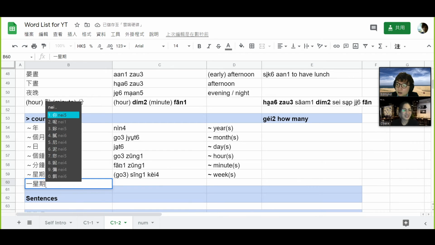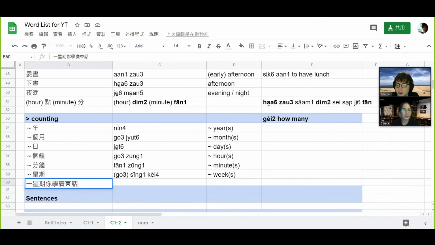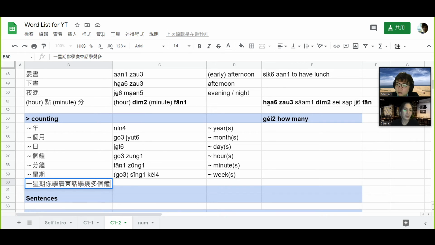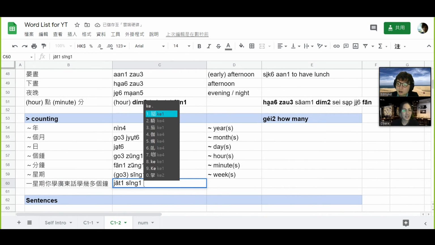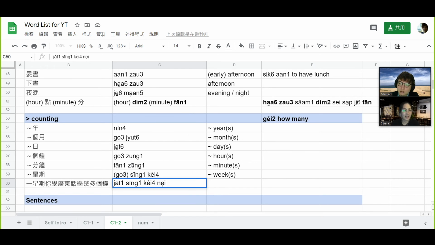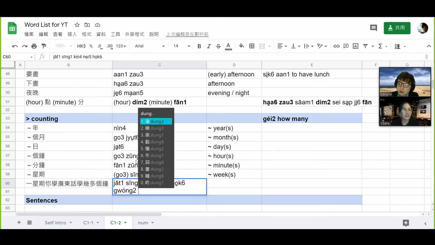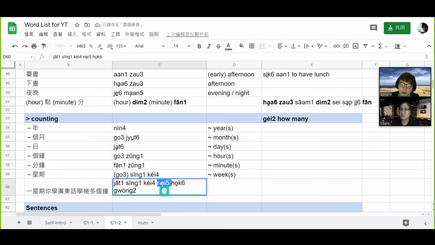一星期你學幾多個鐘, 一星期你學廣東話. In Cantonese, you can put the subject before the time also: 你一星期學廣東話.